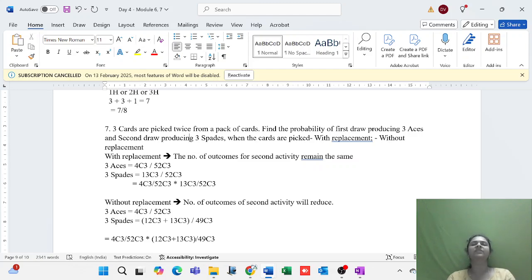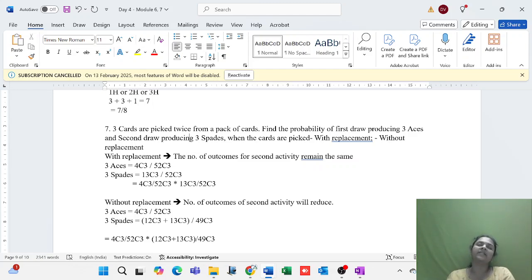Now what is with replacement? When you are drawing the same activity a second time, the result of the first activity is put back into the lot, is replaced into the lot. So with replacement, in the second activity, the number of outcomes or the denominator value will not reduce. The value will remain the same. 52 cards for the first set of outcomes.